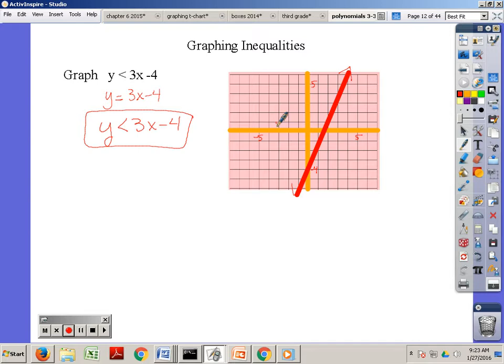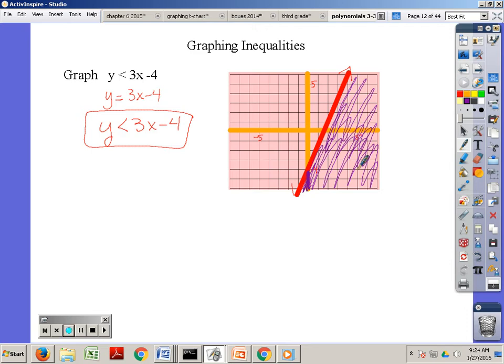So if it's less than 3x minus 4, we go to the y-intercept of my line, and less than occurs down here. So that means all of this region is where y is less than 3x minus 4.